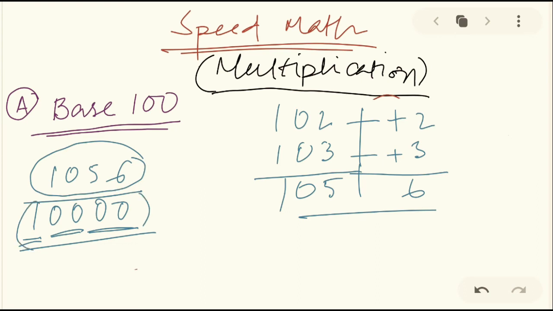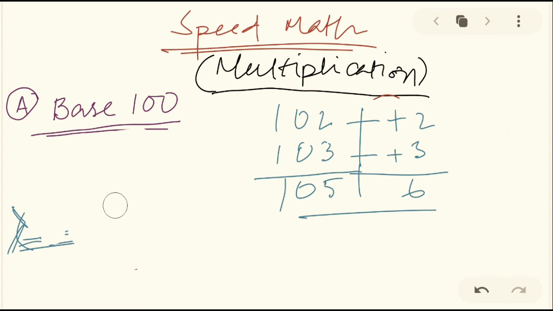If 100 squared equals this, and the two numbers we are multiplying are above 100, then obviously the multiplied value will be greater than this. So in this case, what we'll do, we'll put 0 before the single digit.